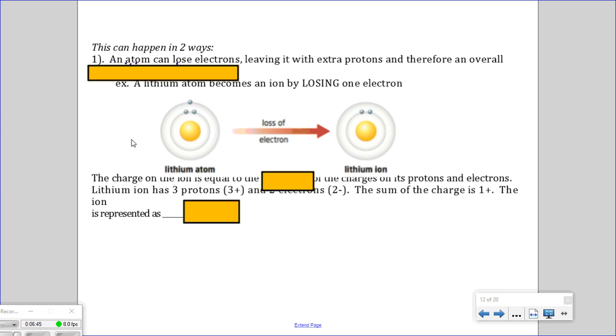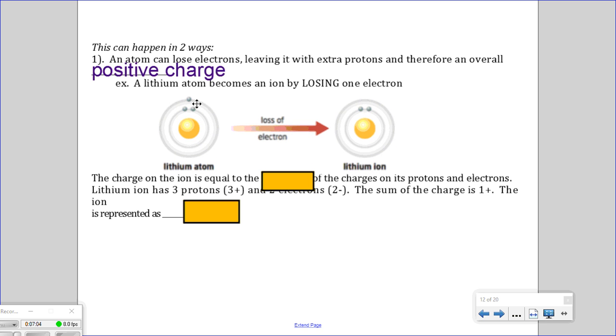An atom can lose electrons, leaving it with extra protons, and therefore an overall positive charge. So when an atom loses electrons, it has more positive charges than negative charges, and this gives it an overall positive charge. The example that we dealt with previously was lithium. Lithium becomes an ion by losing 1 electron.